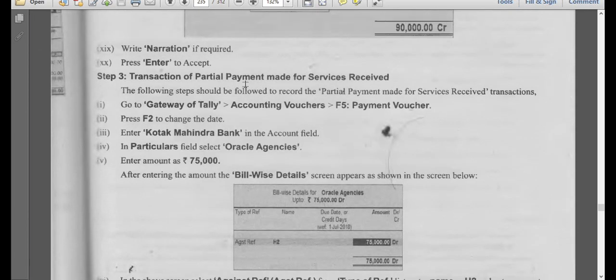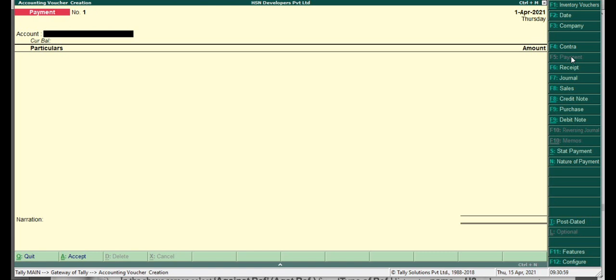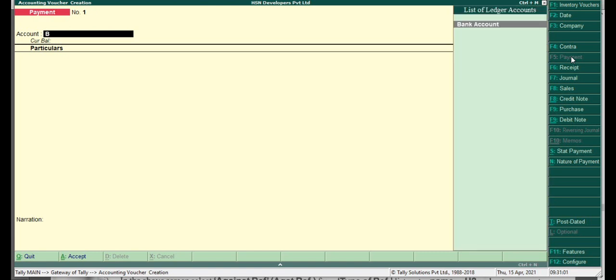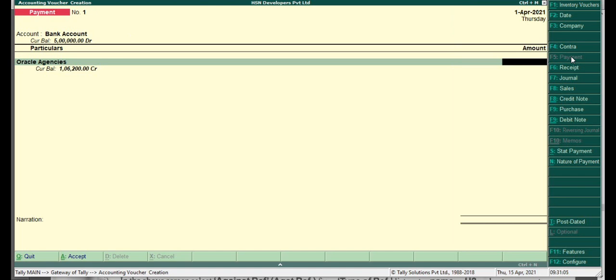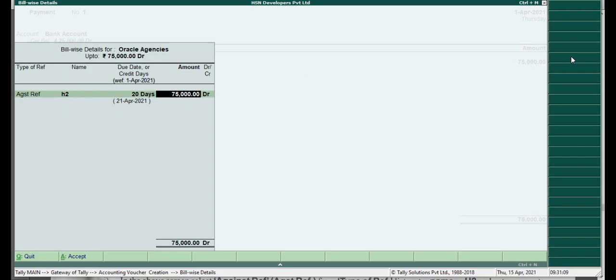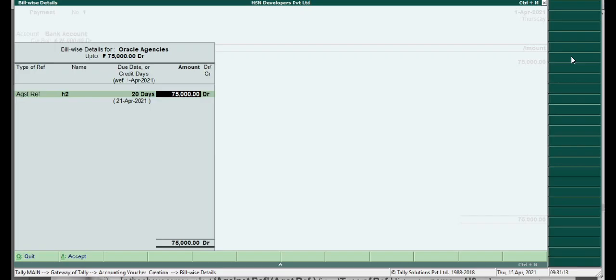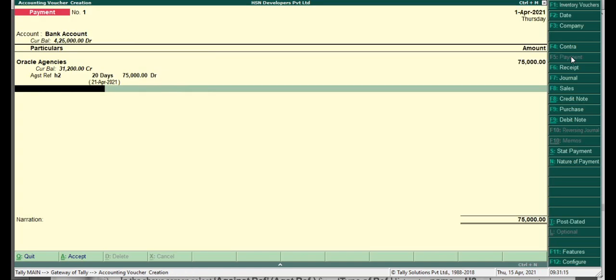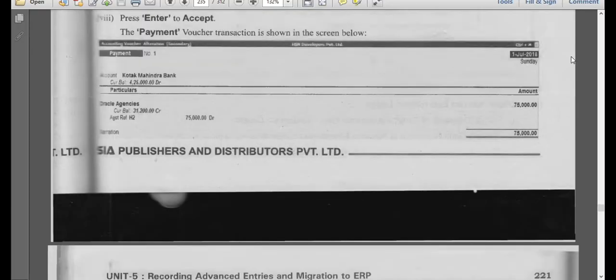Next we have to go for the payment voucher, F5 payment voucher, and here we have to select the bank, and that party is Oracle Agencies. Here I am paying 75,000 against H2. So this will be the transaction.